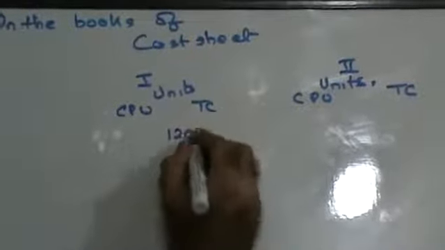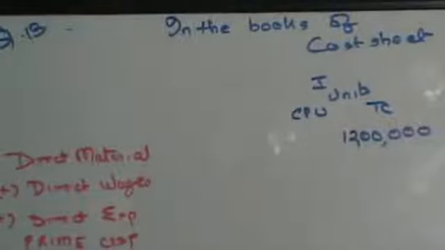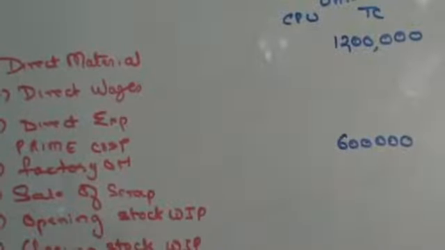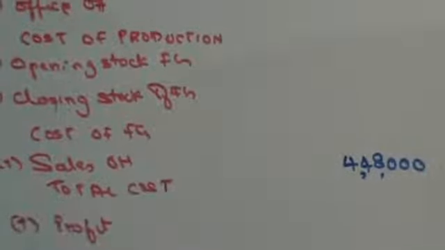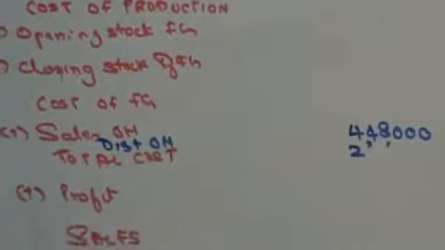Now, in respect of a factory, the following figures have been obtained. Cost of material is 12 lakhs. Factory overheads is 6 lakhs. Selling overheads is given to you as 4 lakh 48,000. Here they've given you distribution overheads as 2 lakh 80,000.